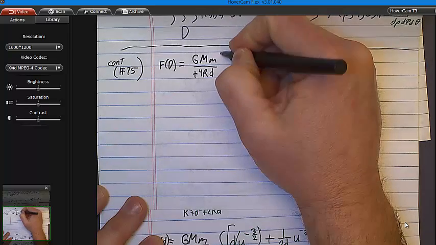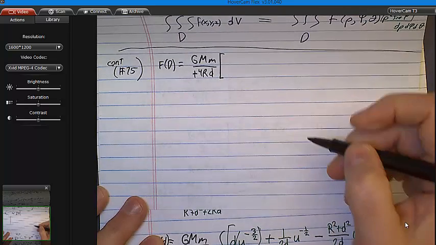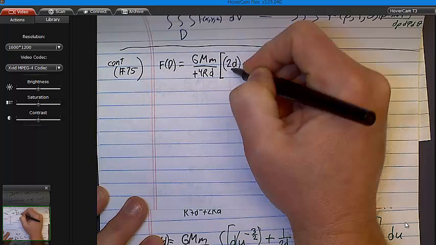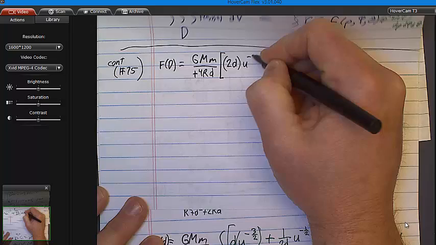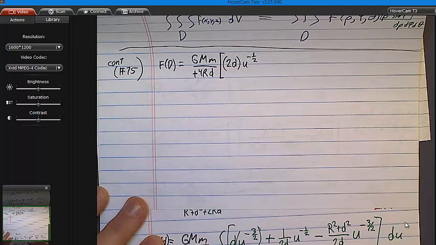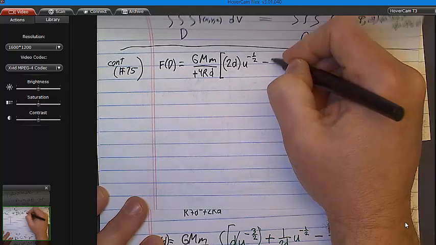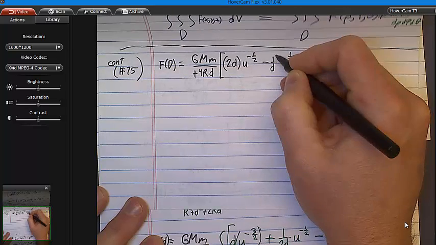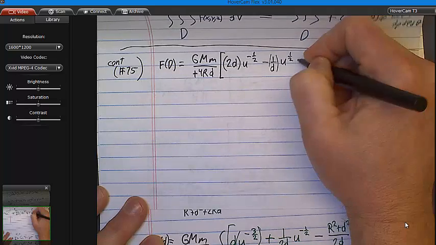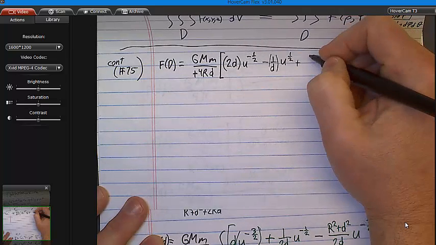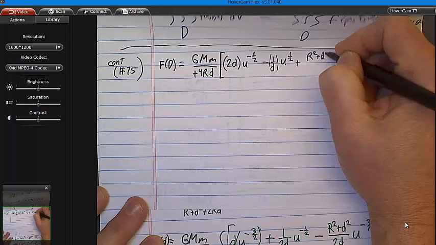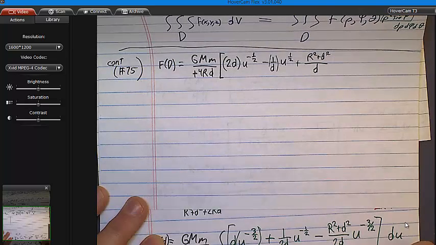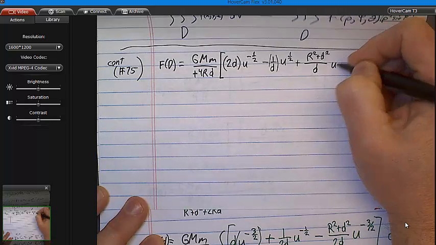So when I factor out the negative, I have 2D times U to the negative 1/2, minus 1 over D times U to the 1/2, plus R squared plus D squared over D, because those 2's canceled, times U to the negative 1/2.